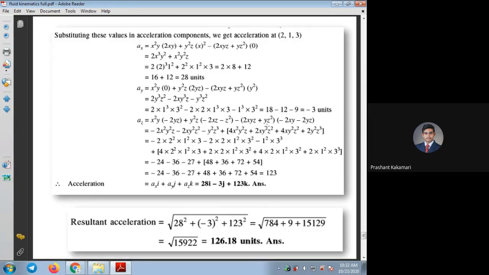I think here they have made a mistake in this term. 2xy square z square they have taken. It should be z. 4xy square z square, xy square z square, plus 2y square z cube.